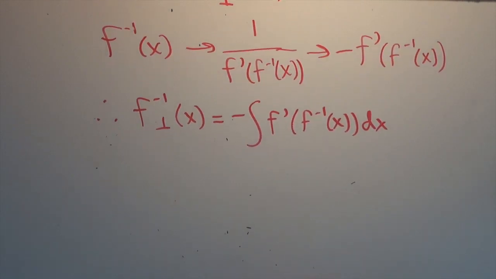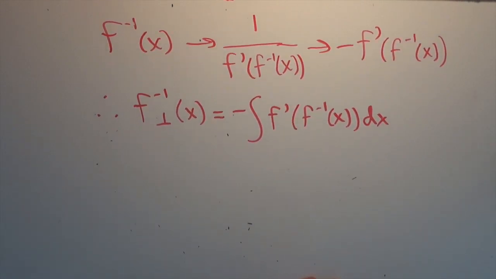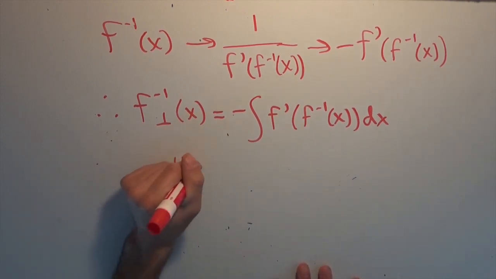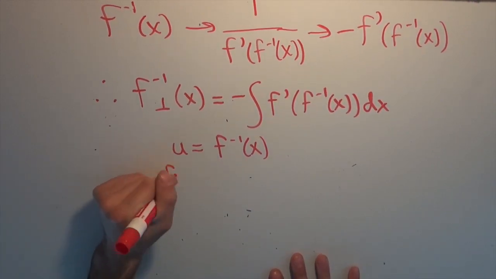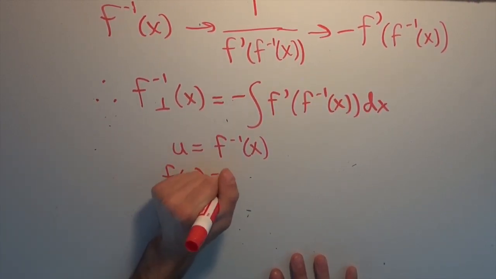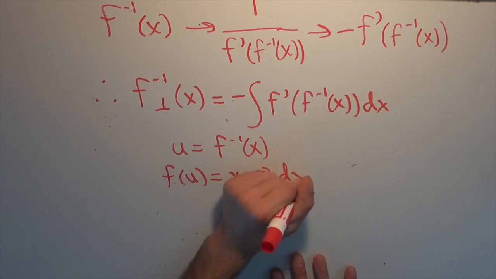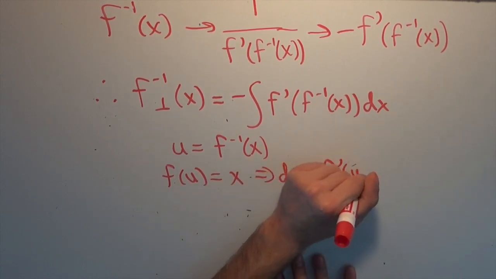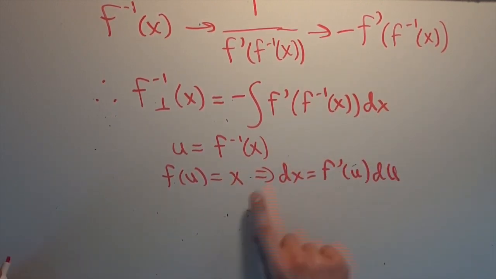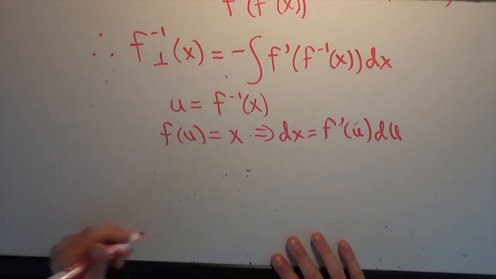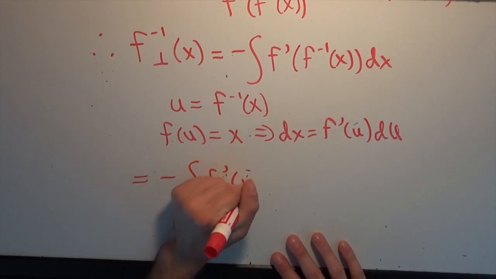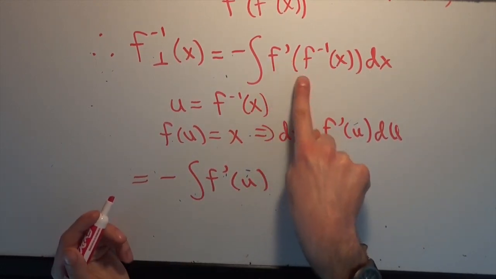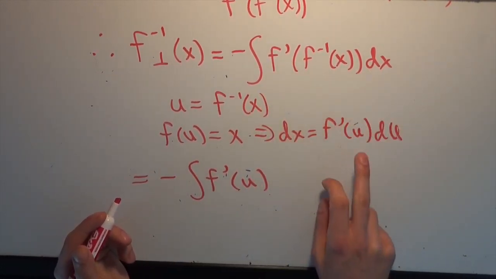Now, this integral is not solvable in general. It's not elementary in general, and we can see that by doing a simple substitution. Let's let u equal the inverse of f, which means that f of u is equal to x, which tells us that dx is equal to f prime of u du. Doing the substitutions, we see that our integral is simply equal to negative the integral of f prime of u, and then dx is f prime of u du.